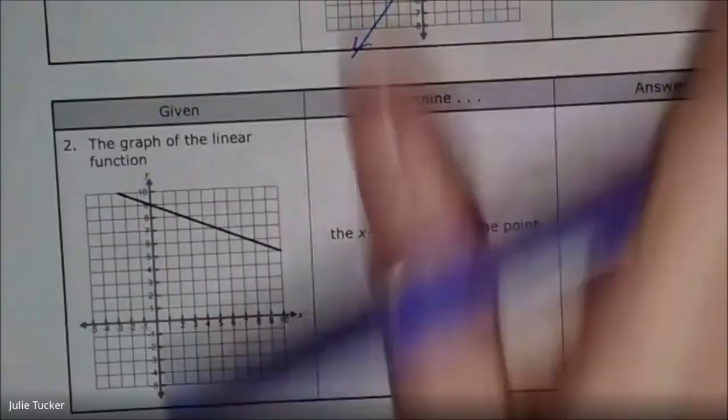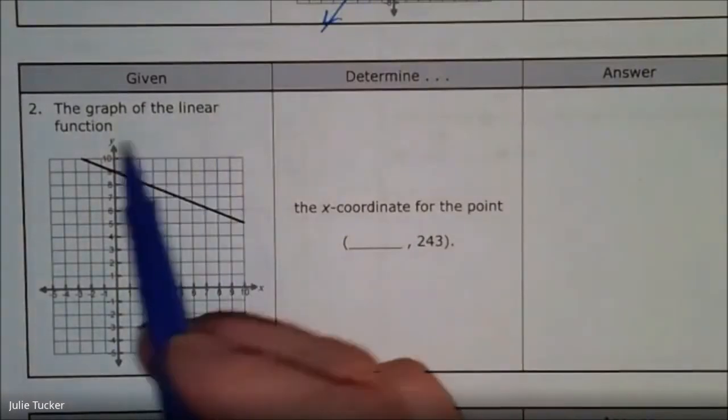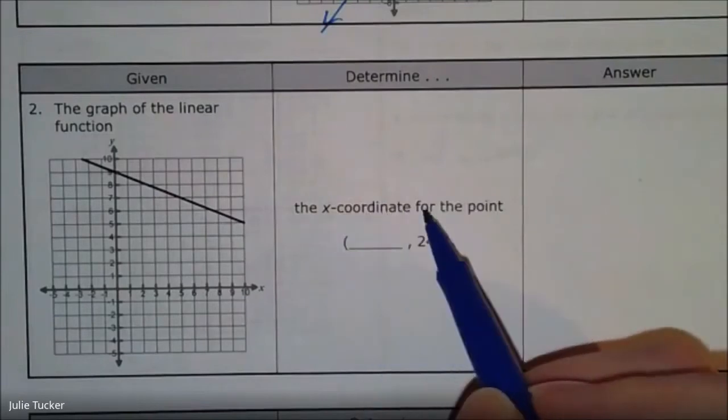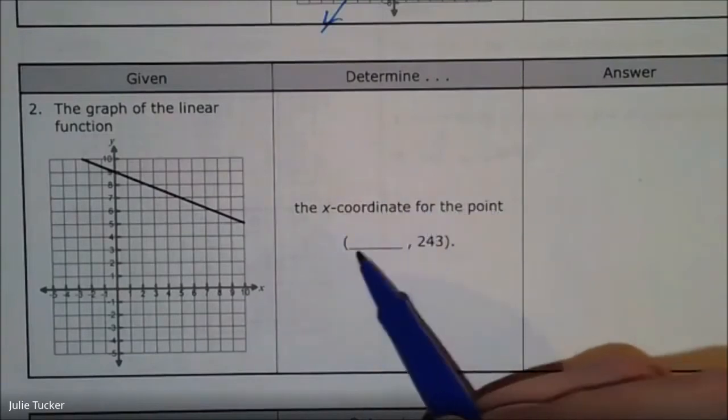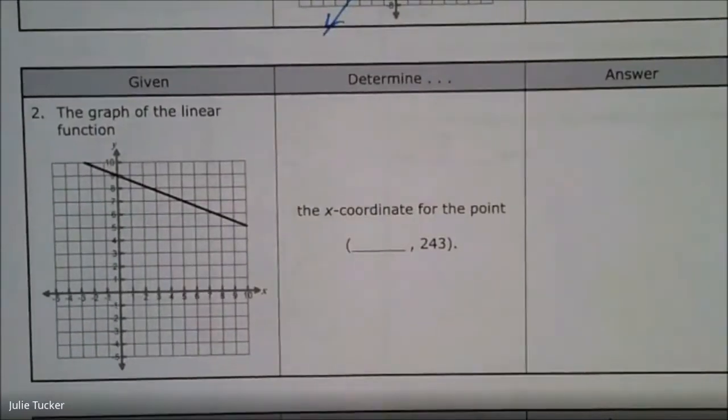All right. Now we have this one. So we're given this graph and we're asked to find the x coordinate for the point where y is 243. Well, we can't make the graph go up to 243, so we have to do something different. What do you think we should do? I don't know.